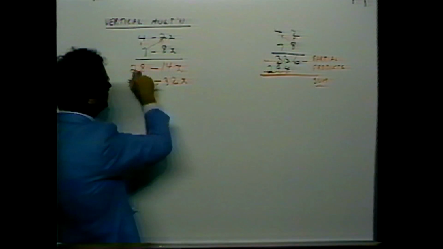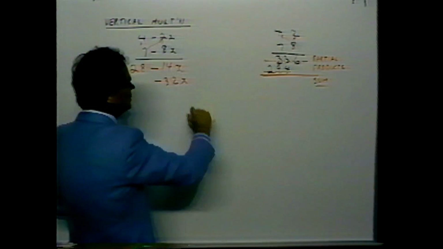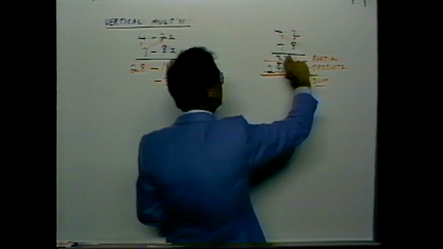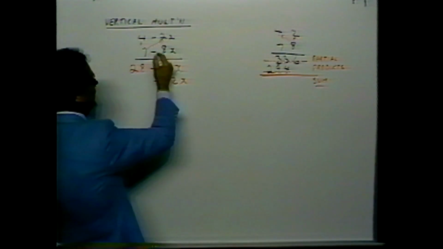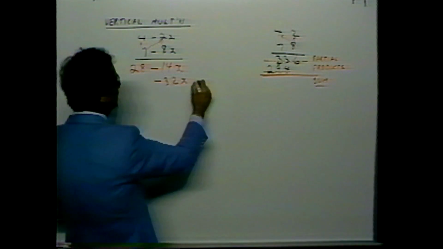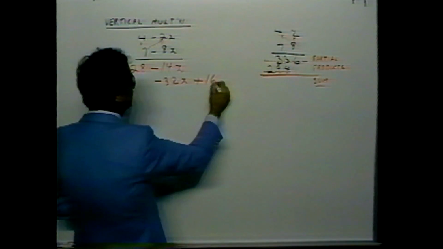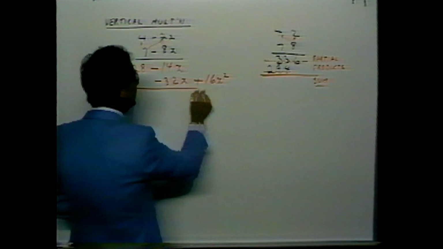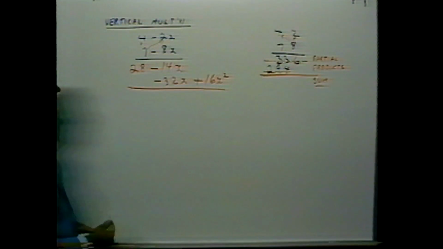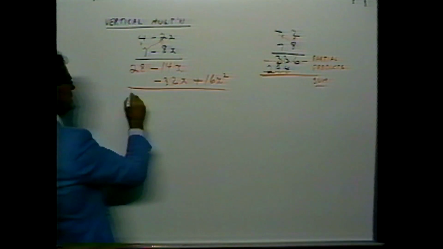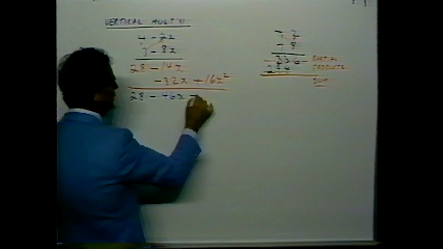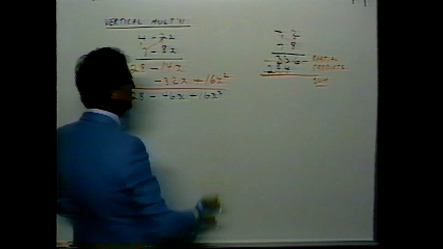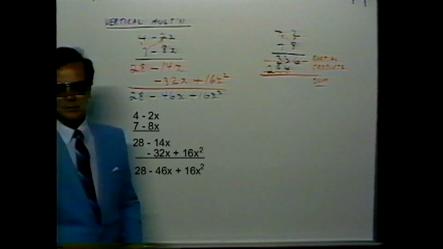The partial product seems to flow this way in algebra, but in ordinary arithmetic it flows this way. Then multiply minus 8x by minus 2x, and the answer is plus 16x squared. There are your partial products, and the sum will be the total product. It is 28 minus 46x plus 16x squared, and it's the same answer that we had earlier.